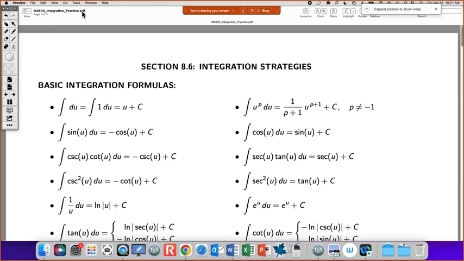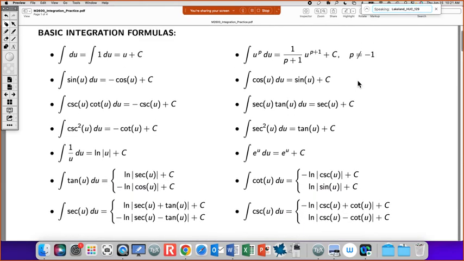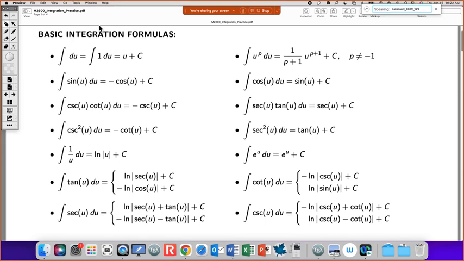All right, now section 8.6 just goes through 8.1, because that's the review stuff, up through 8.5. So here's this. Now, on your test, the last page of your test is all these basic formulas.